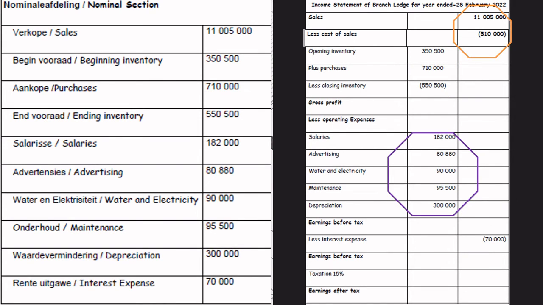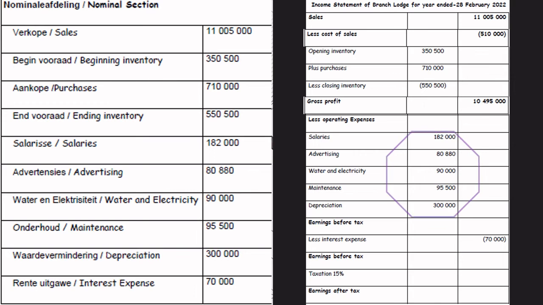Then we are going to use these amounts, taking sales and deduct the cost of sales to give us gross profit. This gross profit amount will then be used further. We are going to have to deduct the operating expenses from gross profit.